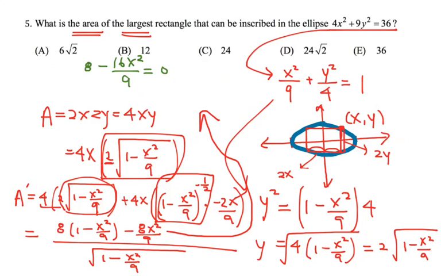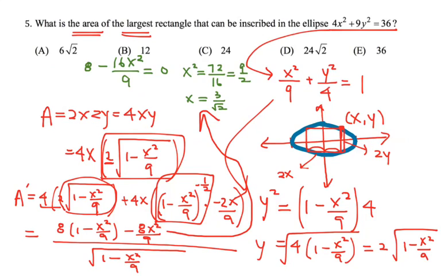Then when we bring this over, x squared has to be equal to 72 over 16, which is equal to 9 over 2. So then x must be equal to 3 over square root of 2.